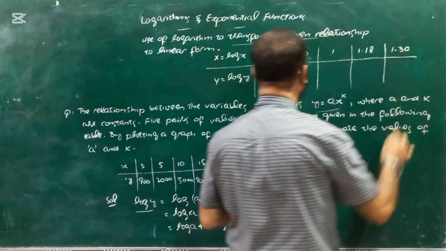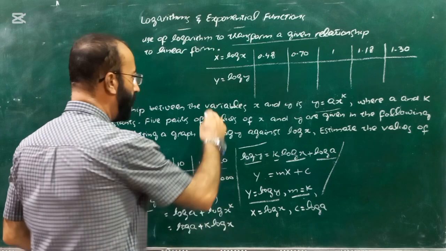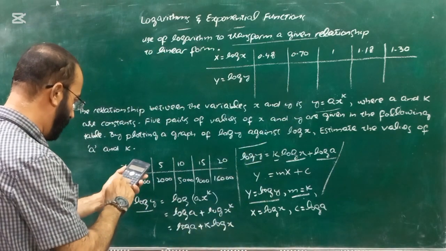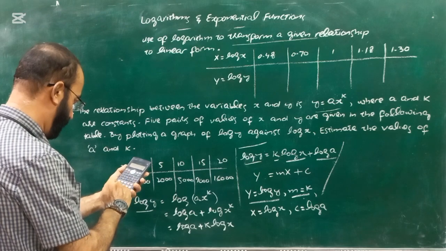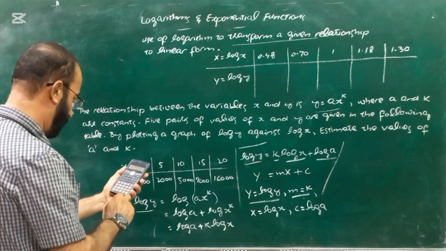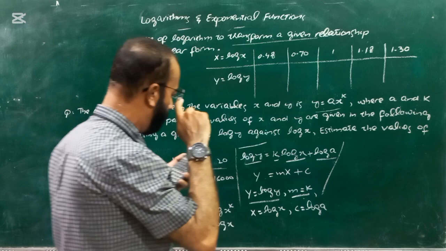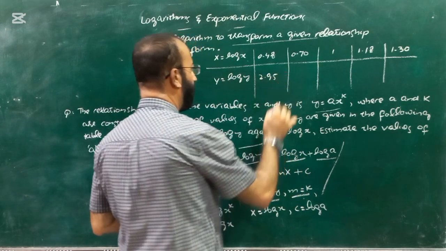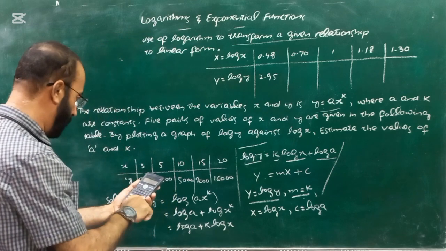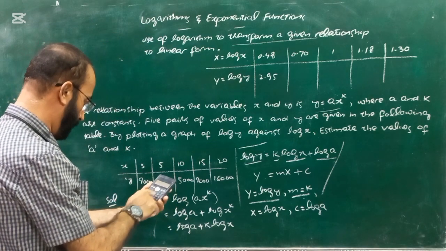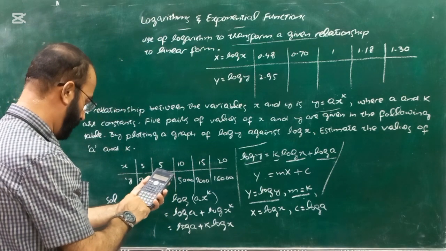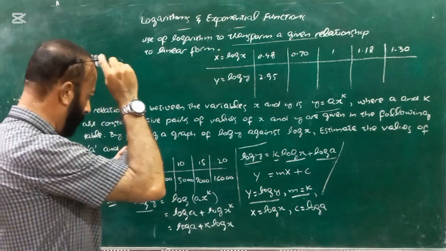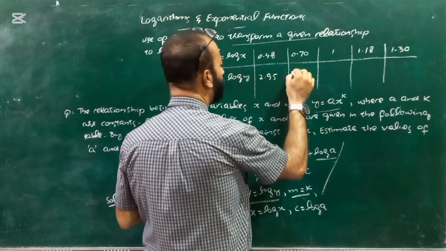So accordingly, log of y's values will be taken now. Log of 900 will be equal to 2.95. Next is log of 2000, this is 3.30.